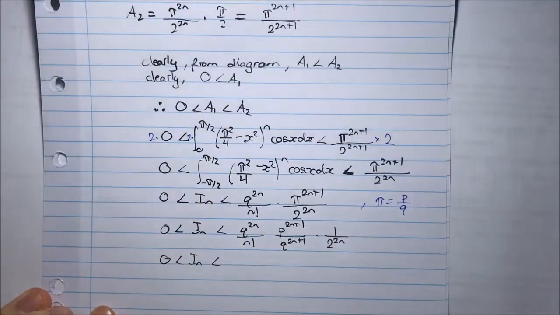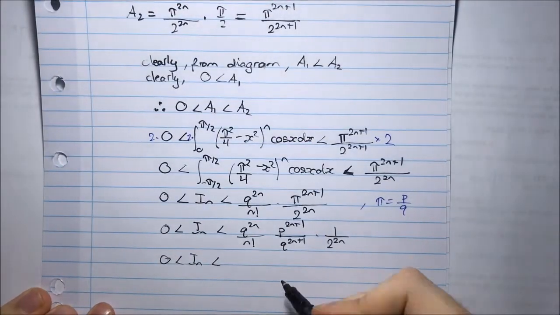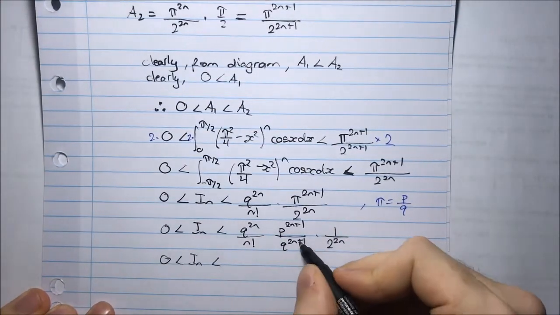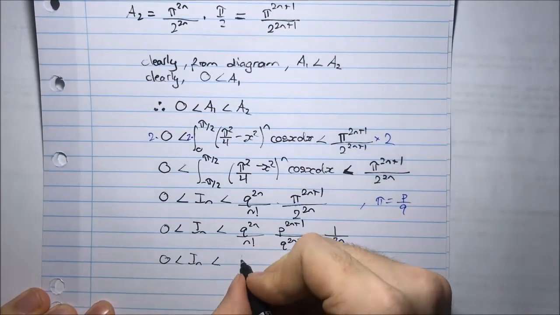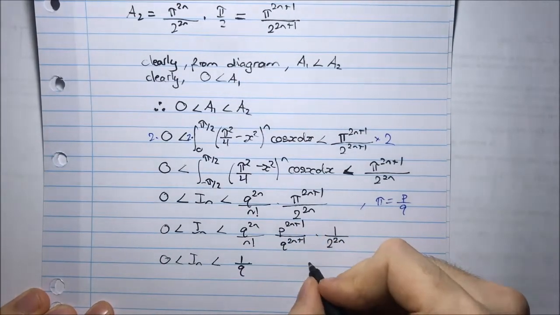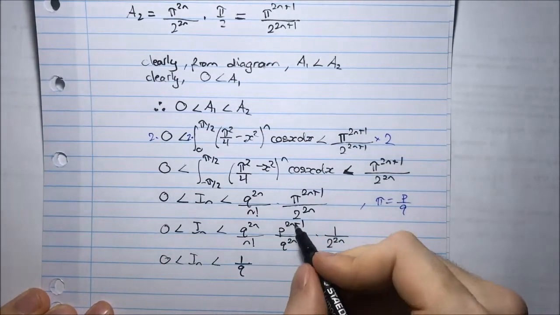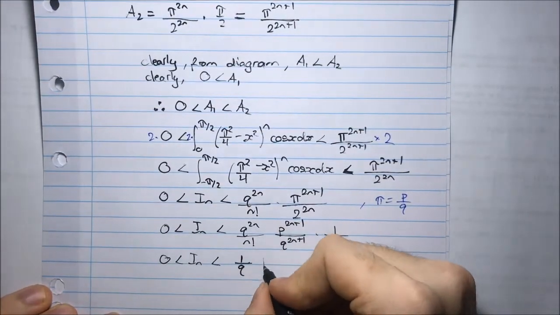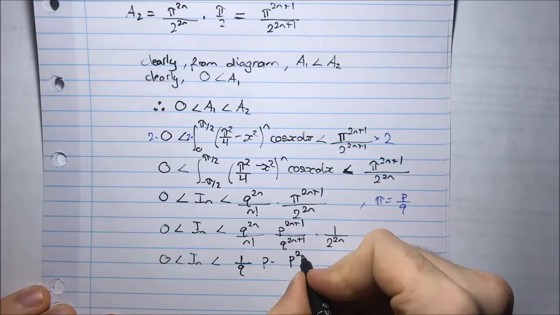So this is now just an algebraic problem. Okay, q to the 2n divided by q to the 2n plus 1 leaves me with 1 q in the denominator, so I have 1 on q. I'm going to write this 1 on n factorial at the end, so don't worry about that. Now p to the power 2n plus 1 is p times p to the power 2n.